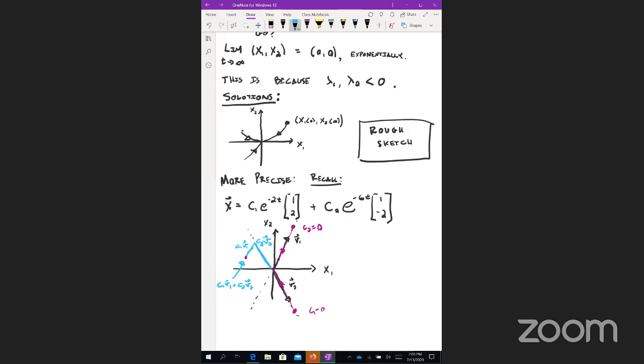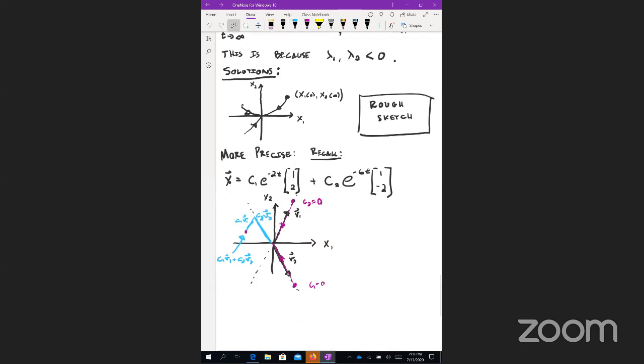And then what happens to it is that both of these vectors are going to contract at a different rate.